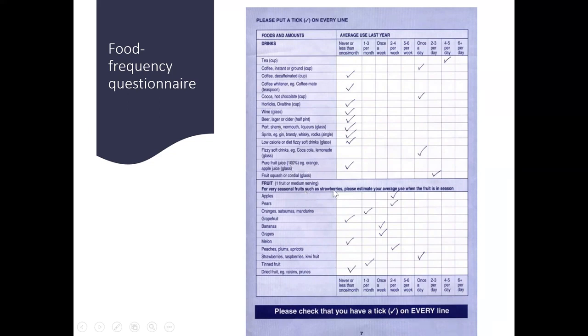It can give an estimate of the nutritional components, how many calories, what the major components of the diet are in protein, carbohydrate and fat, and how many vitamins and minerals.